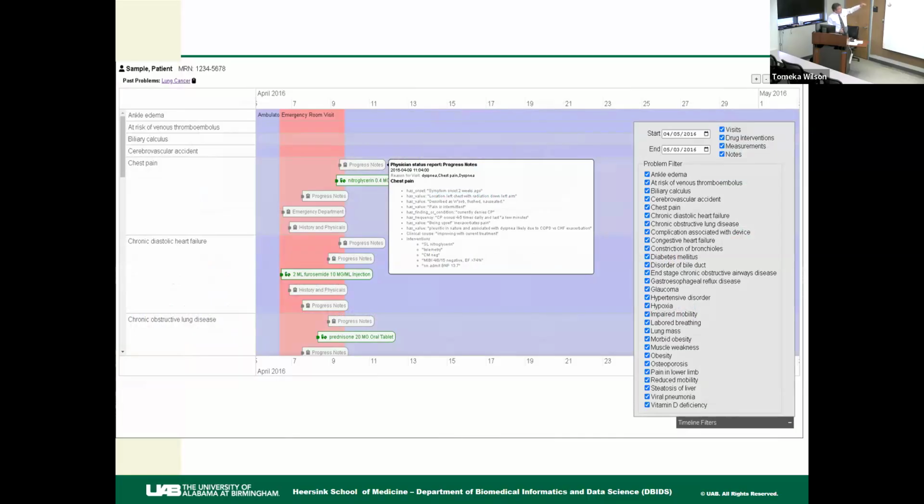There are problems on the timeline. Each horizontal bar or band is a problem, and the things that are related to it are in that band. So the medications, if there's an event, if there's a note, you can hover over the note and see a summary of that note, and so on. And now Tiago's doing a study to see if we can use ChatGPT to generate summaries that will be acceptable to the clinician.